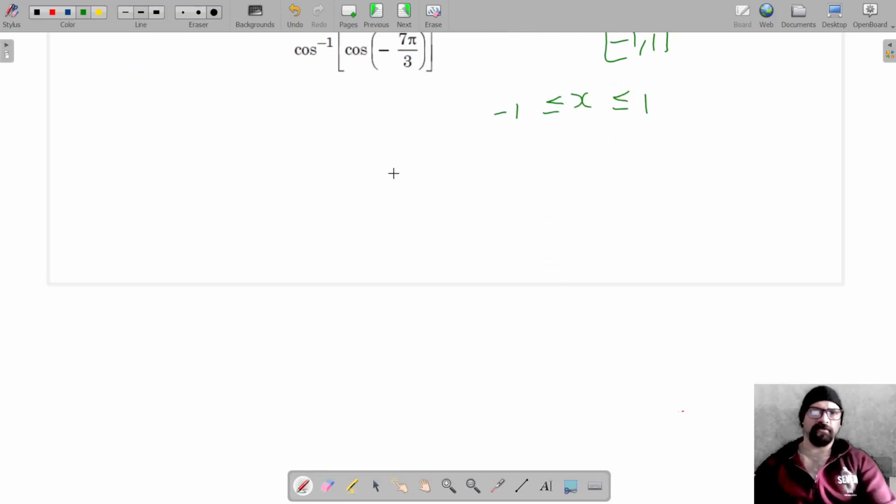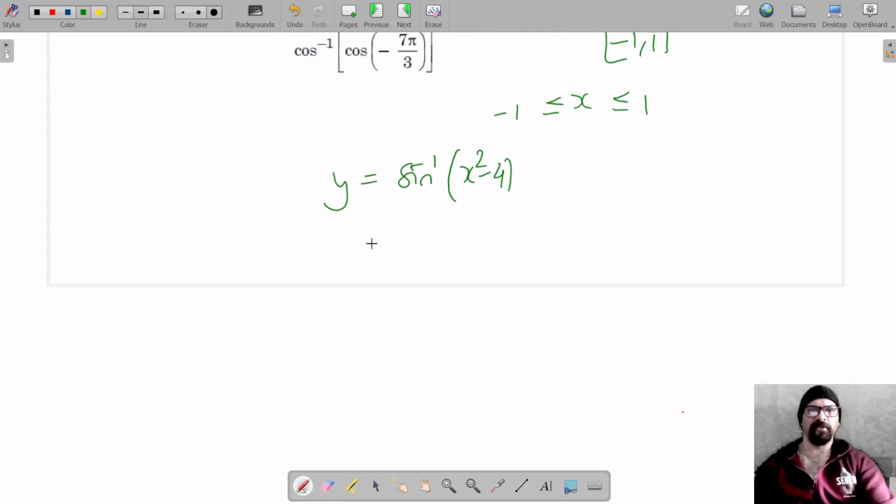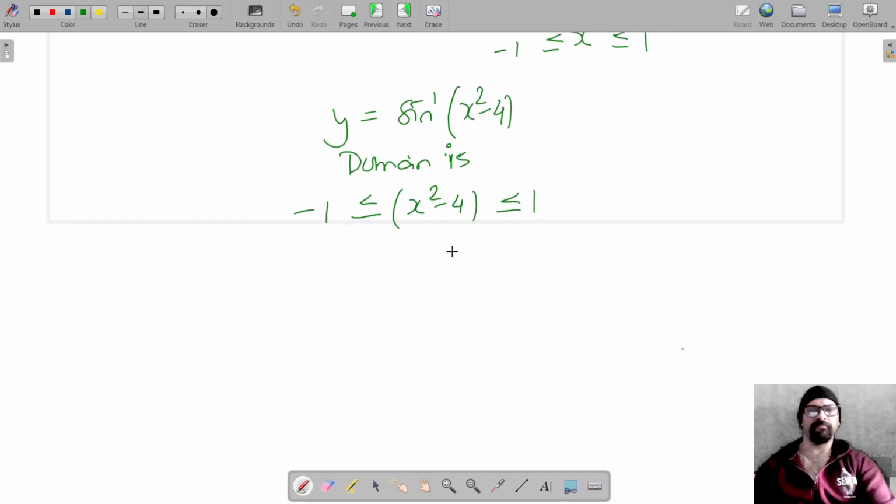Similarly, in this case, the domain rule remains the same, since it's the sine inverse function. So here y is sine inverse of x squared minus 4, so the domain is that x squared minus 4 should be greater than or equal to -1 but less than or equal to 1.